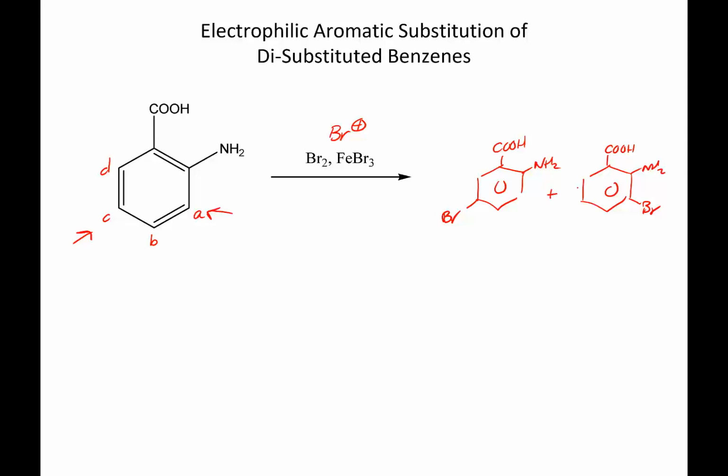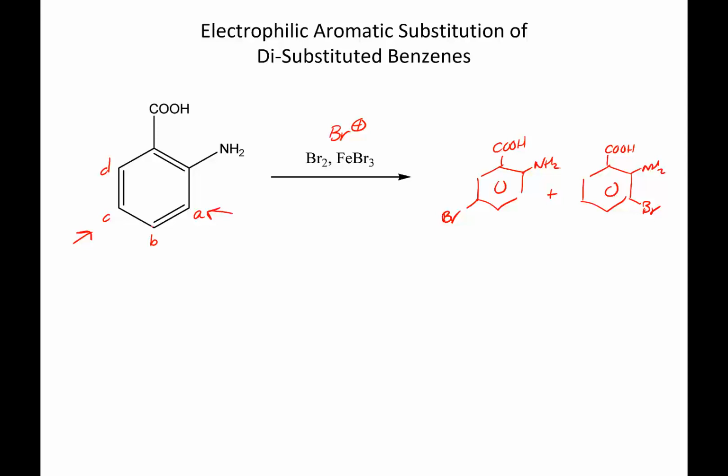And honestly, it's as straightforward as that. But there's a lot of things you need to know. First thing you need to know is how to generate your E pluses. And then once you generate the E plus, you need to know your group so that you know which one is the director. So I didn't say it was easy.